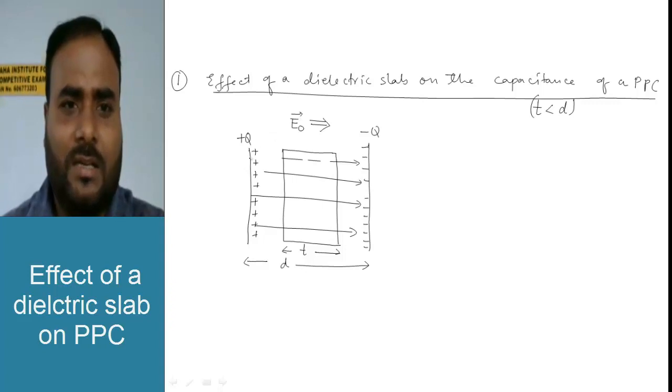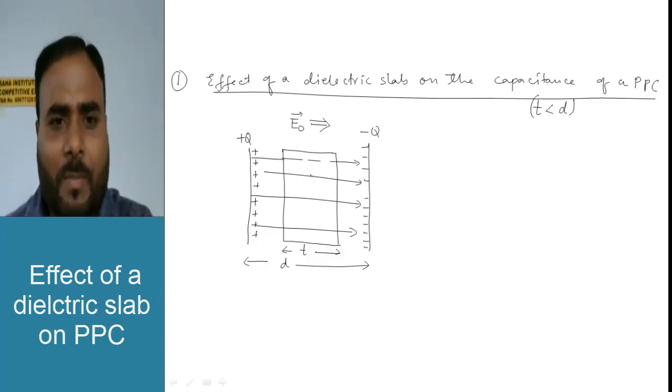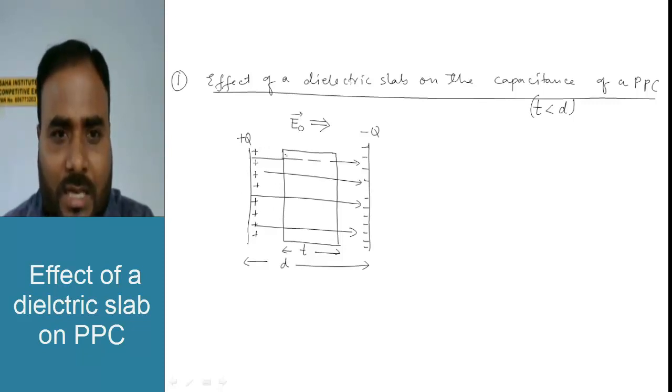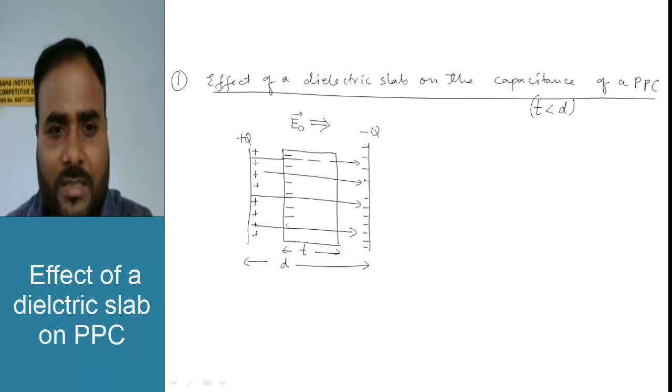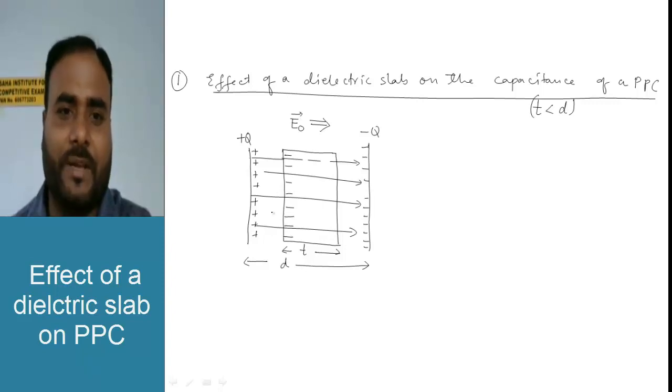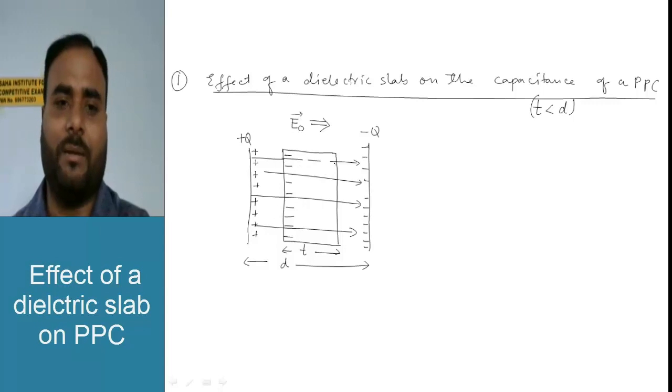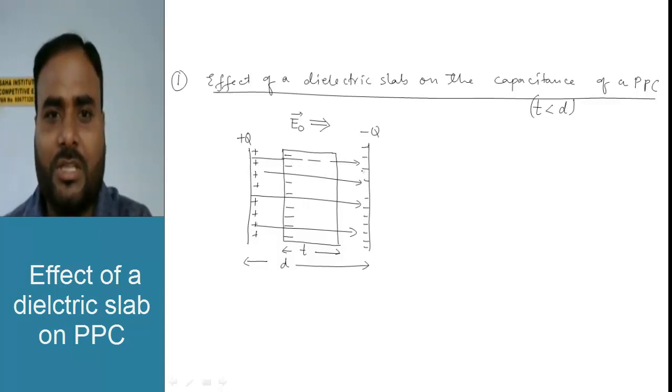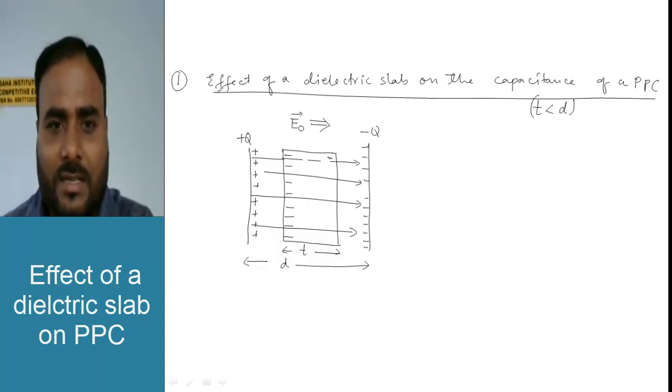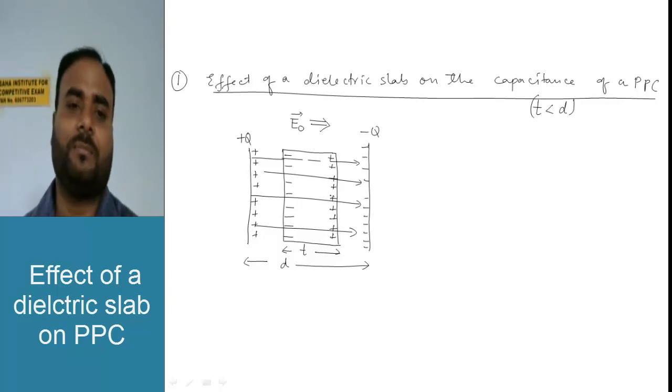Now the thing that comes is, due to this positive charge, by the principle of induction, an unequal negative charge is induced towards the left face of the slab, and due to this negative charge, positive charges are induced towards the right face of the slab.